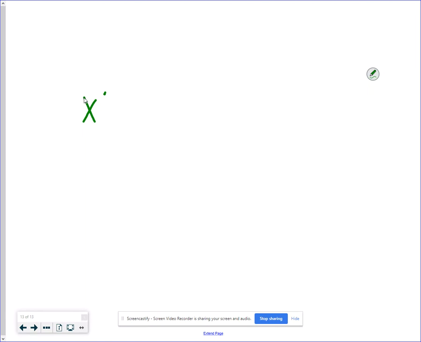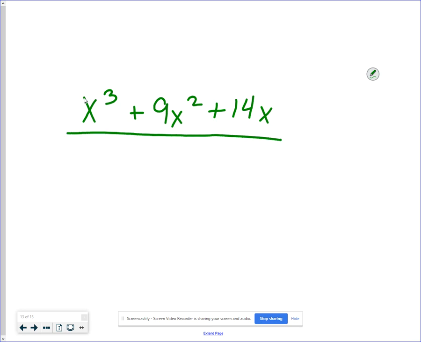Let's do this one. x cubed plus 9x squared plus 14x over x squared minus 4. So again, we're going to have to factor both the top and the bottom. On top, I noticed all of these are divisible by x. So the first thing I can do to the top is factor out the GCF, which is an x.